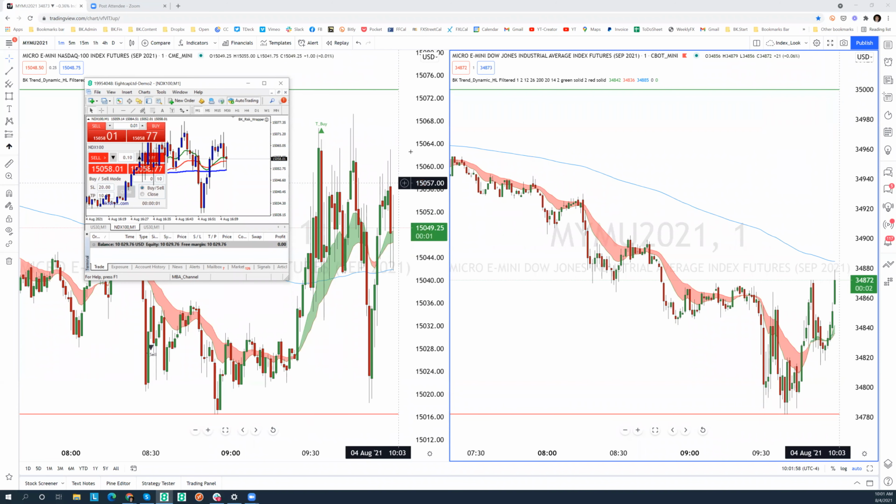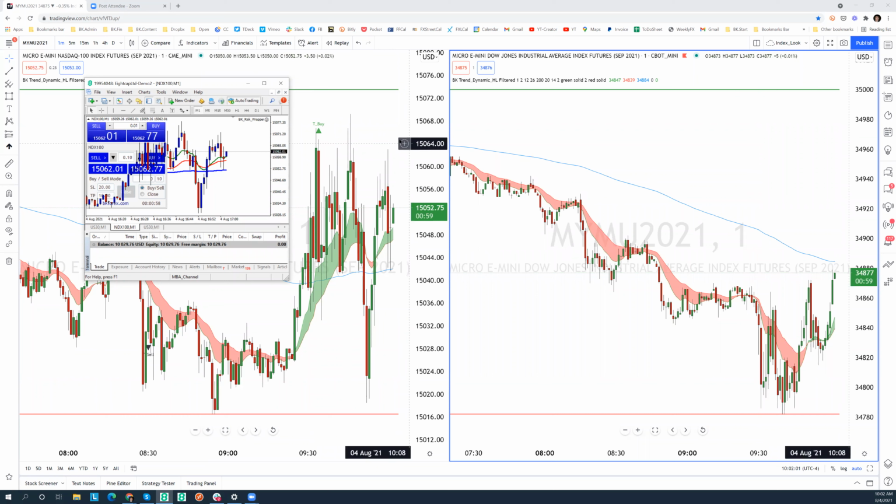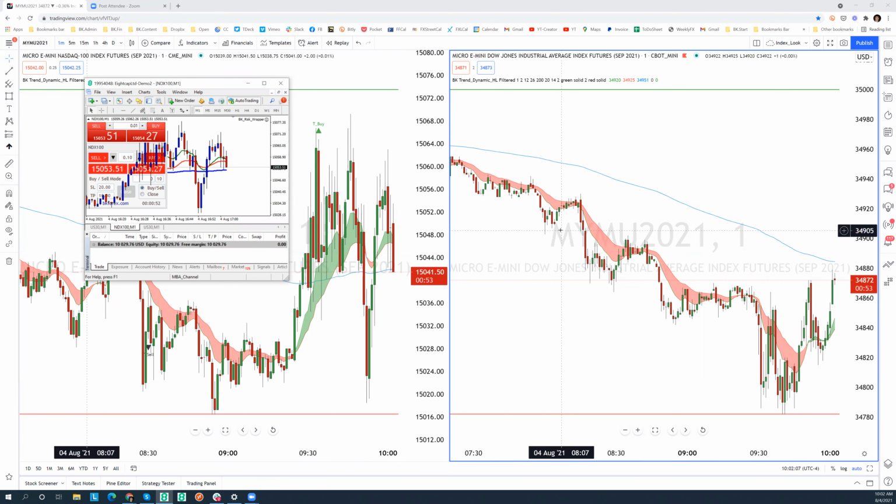Look at these wicks from 64 down to like 41. 20-point ranges for one minute. Just a classic August. Nobody knows what they want to do.